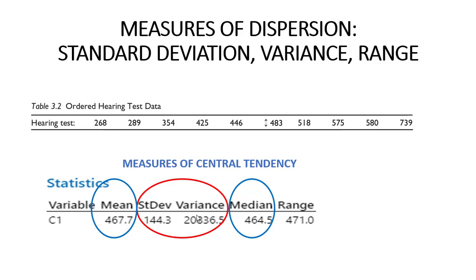I have them under one circle here, although they are two different concepts, but they are related. And we also have the range. Okay, so here the values in blue represent measures of central tendency, and the values in red represent measures of dispersion. So our data are going to include both measures of central tendency and measures of dispersion.